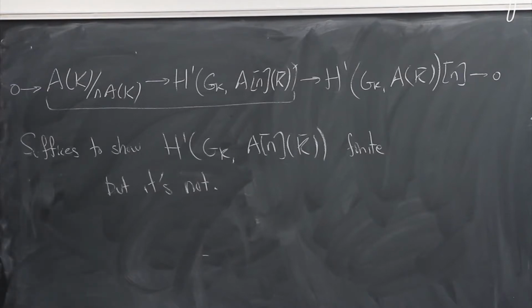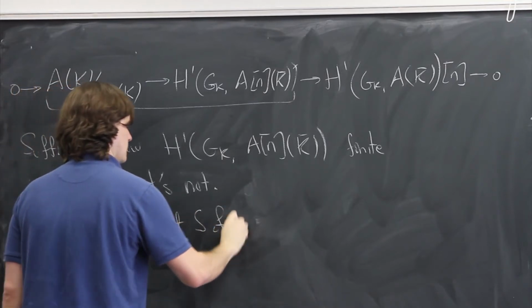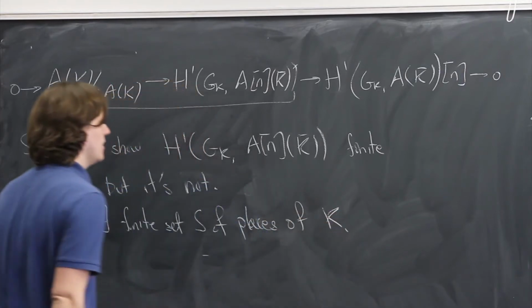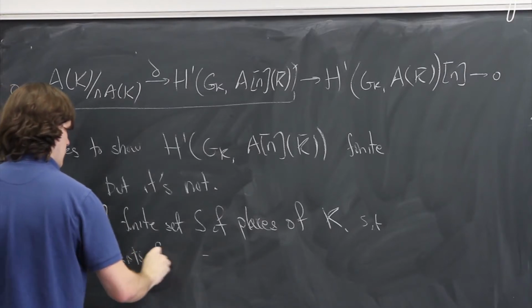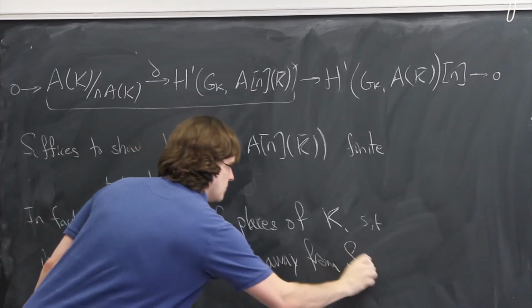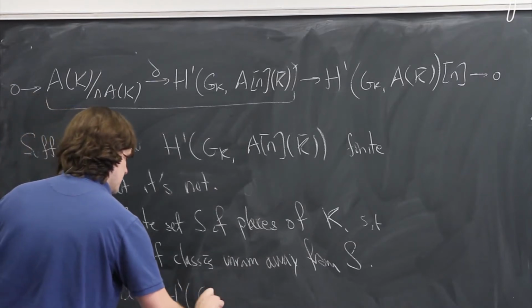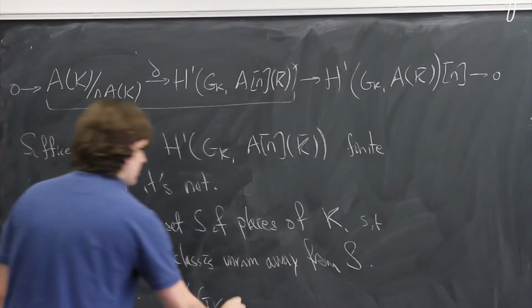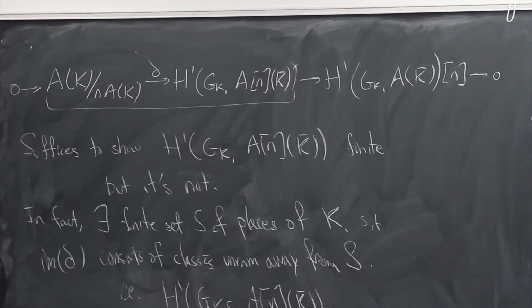So in fact, there exists a finite set of places S of our number field K, such that the image of this map, maybe I'll call it delta, consists of classes which are unramified away from S. So in other words, it lands in this cohomology group H1 of G_{K,S} acting on A[n](K-bar), where G_{K,S} is the Galois group of the maximal extension of K unramified outside S. And it's easy to say what you can take S to be.